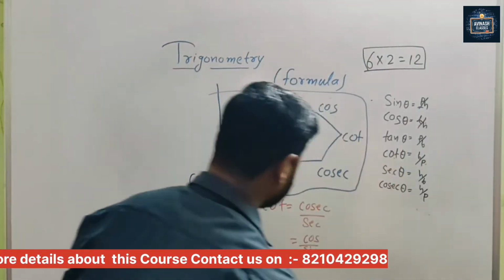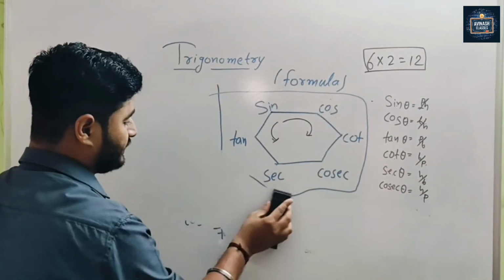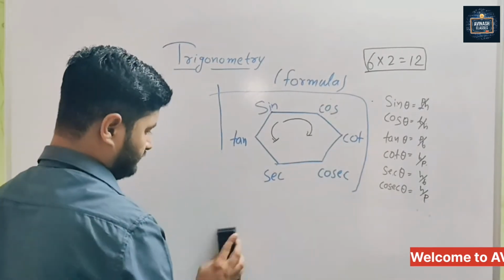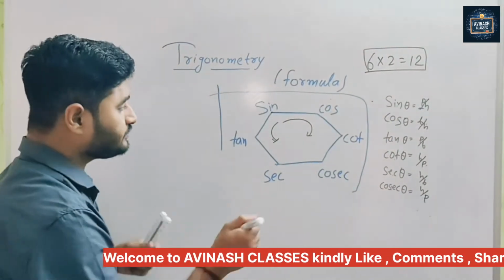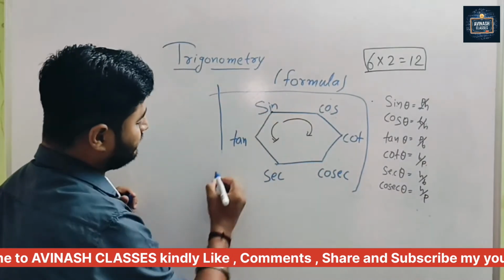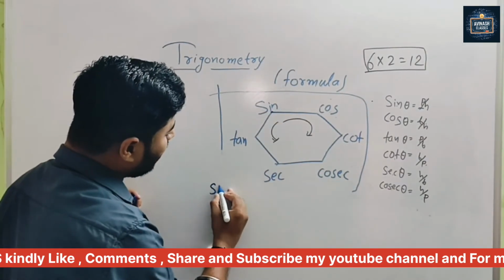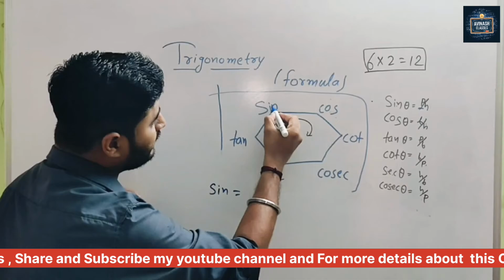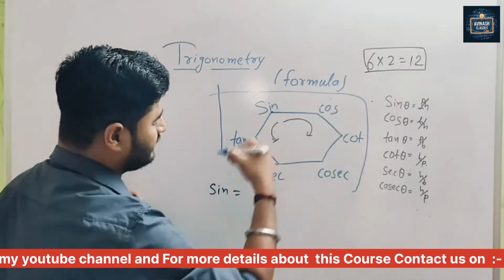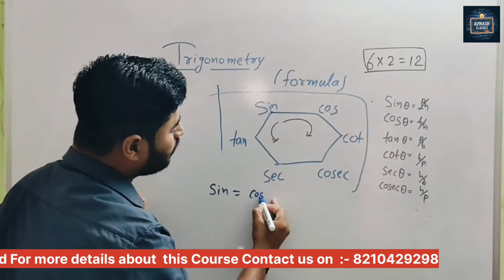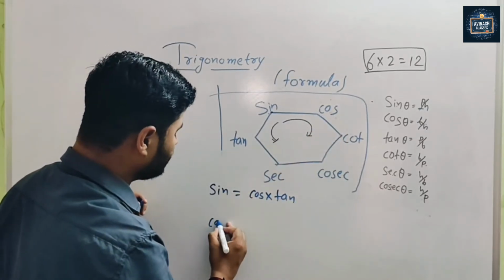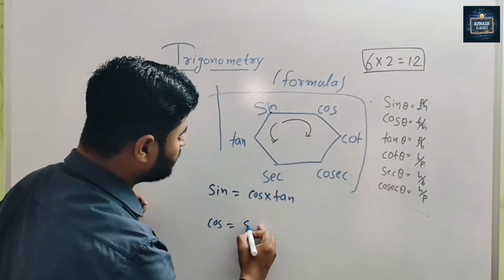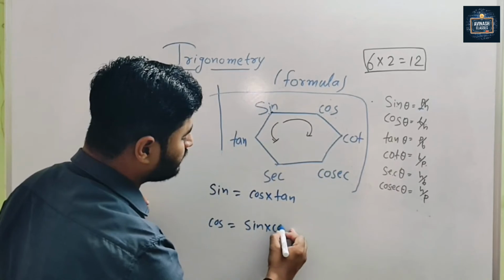In another concept, we write the multiplication form. Suppose we have to take sin. Sin equals, now take the middle one, so one on this side, one on this side: sin equals cos into tan. If you go with cos, cos equals sin into cot. Very simple.